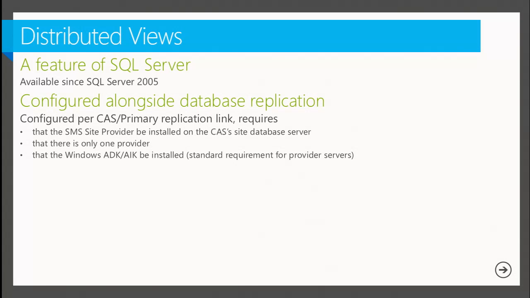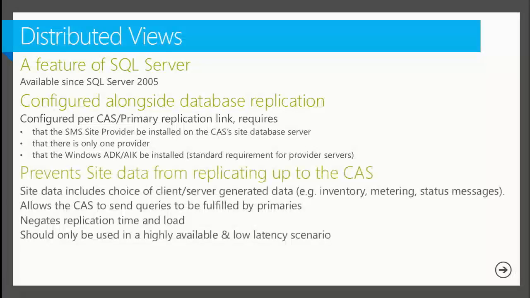And if your CAS and your primary site are sat in the same data center, then it makes sense to actually turn on distributed views and allow your CAS and your primary site to stop replicating data and allow the CAS to pull certain data directly from the primary site. Now, we only support it for inventory, software metering, and status messages in SP1. So it's only those particular kinds of site data, not all data.